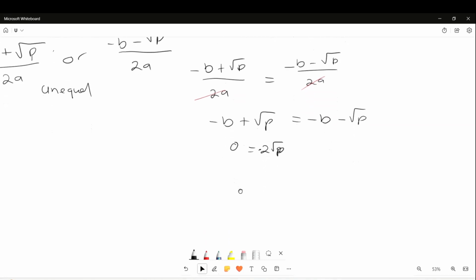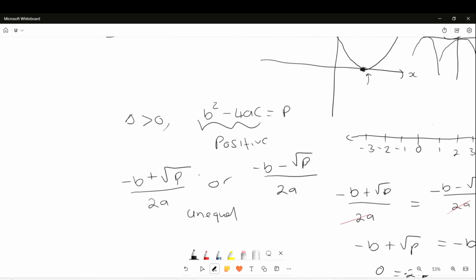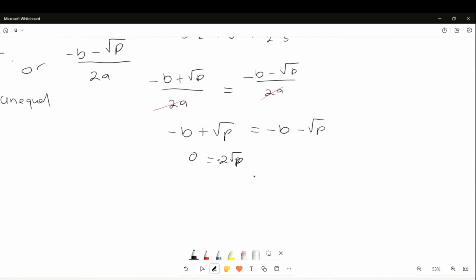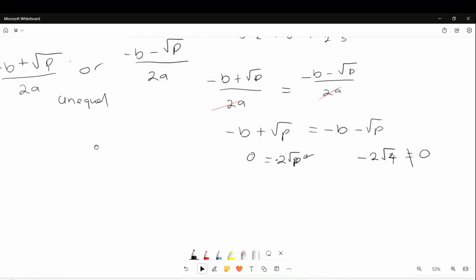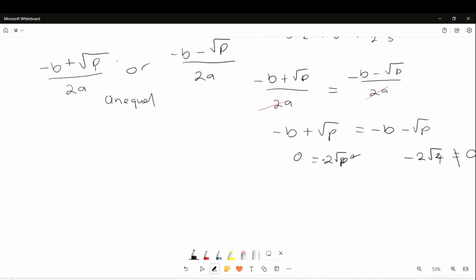Now, if p is greater than 0, remember we didn't include 0, we said greater than 0, so p cannot be 0. If I put any value in place of p greater than 0, like 2 or 4, it is not equal to 0. So the roots are unequal. As long as this is true, the roots are unequal.